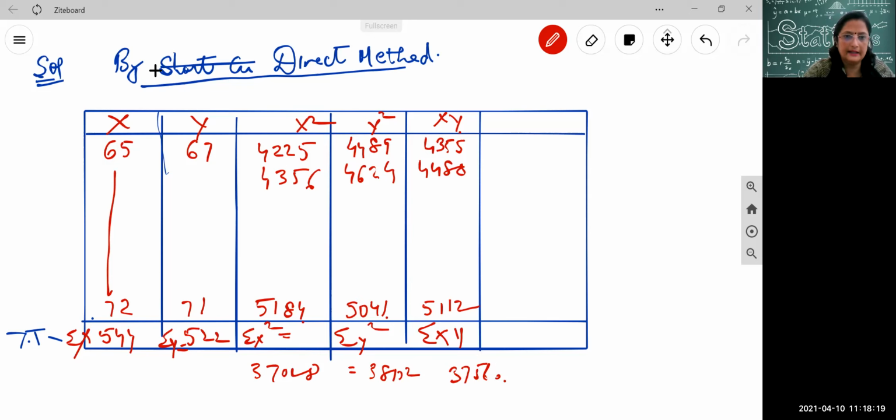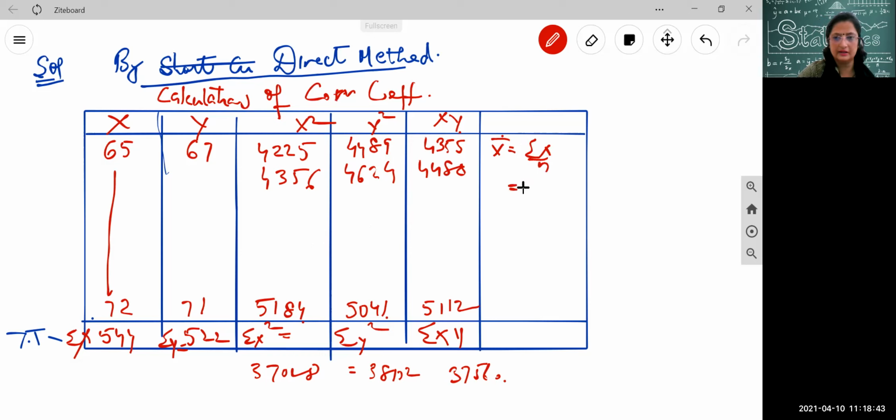So here you have to give the heading: calculation of correlation coefficient, right? So whatever the values that we have generated, now we will put all the values. Now x bar, first of all, you have to calculate below the table, right? The formula of x bar, that is summation of x by n.